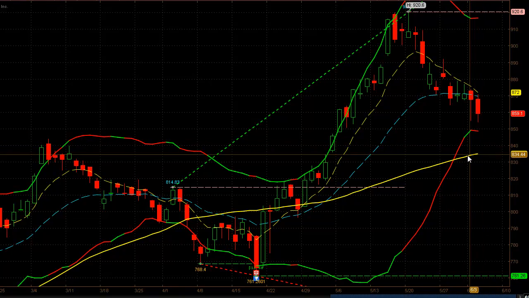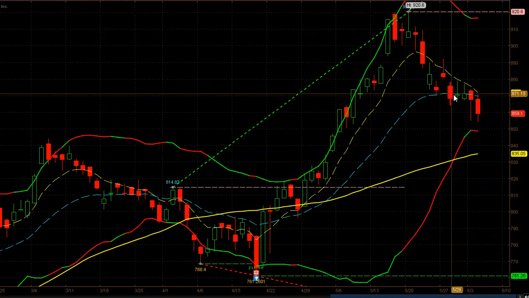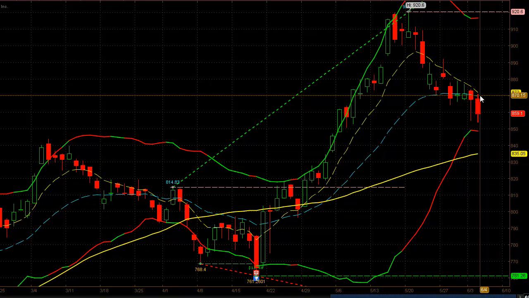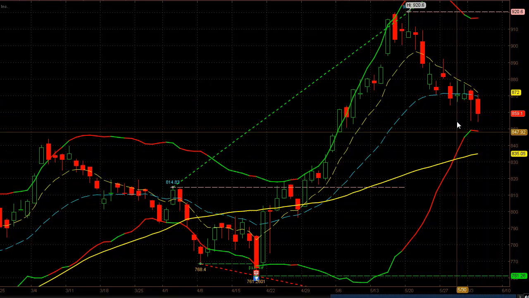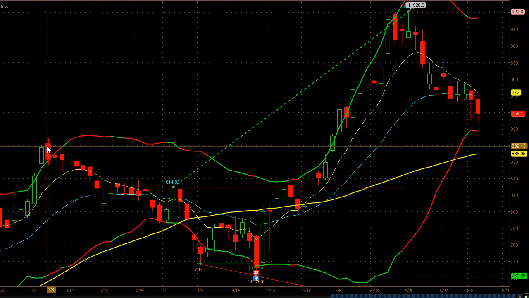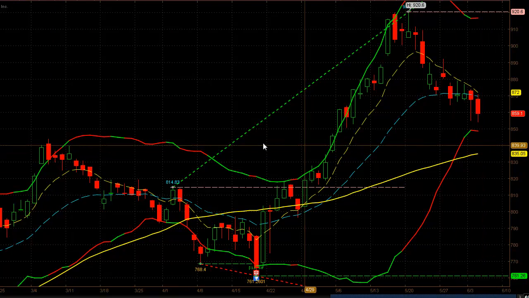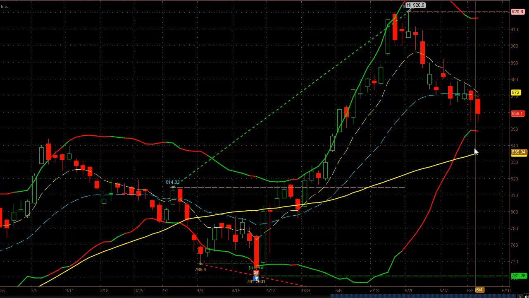You'll get some major interest wanting to buy back into Google. Right now, you can see it's broken the 21 EMA, and it's in this zone here, where the next real support doesn't really come in until about 840 right here, and then the 50. So I think you'll start seeing some buying interest coming in around this area to the 50 versus right in here.